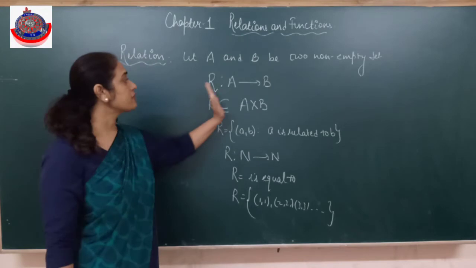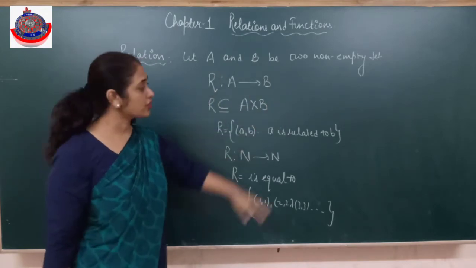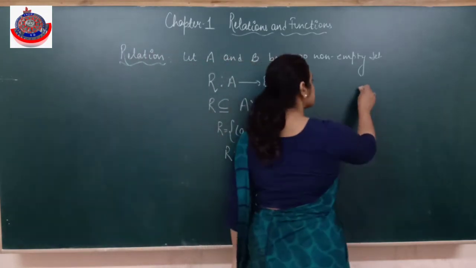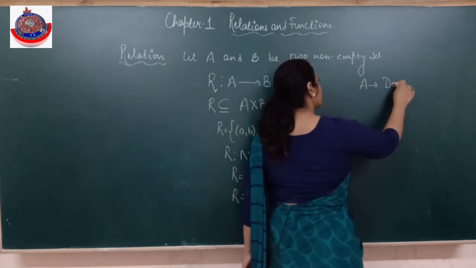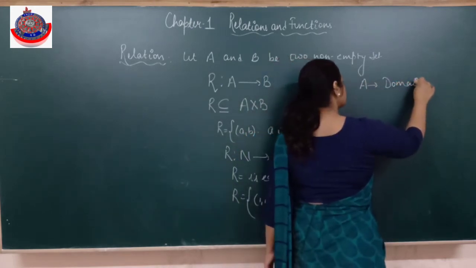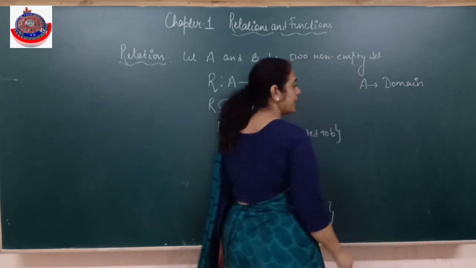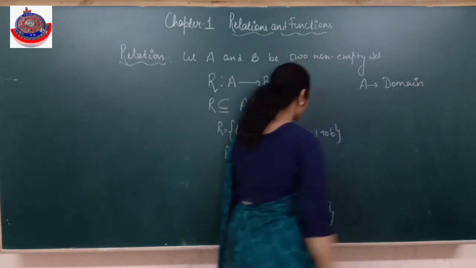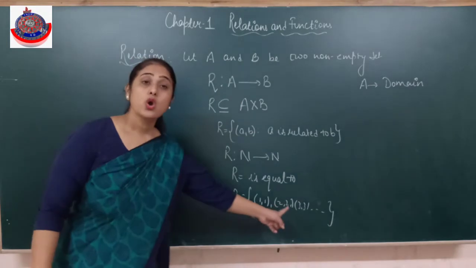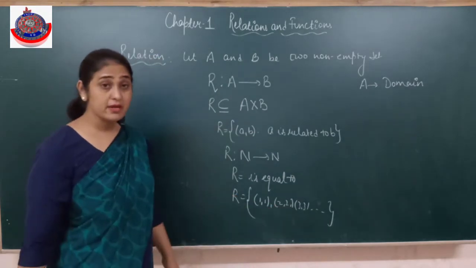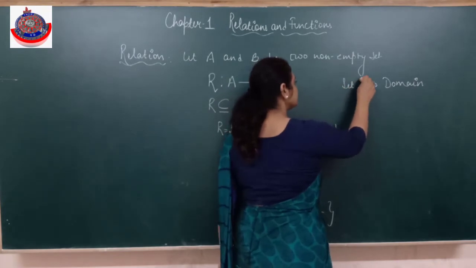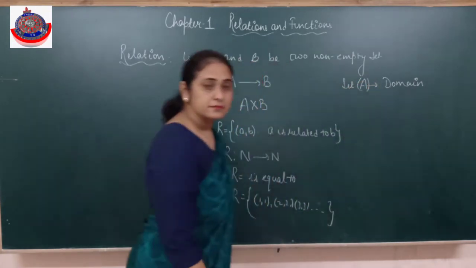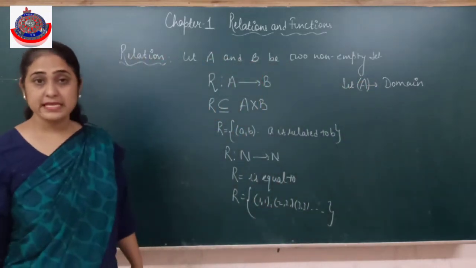So a relation is always from one non-empty set to another non-empty set. The first non-empty set is called the domain. That means what is the domain? If I talk about the ordered pairs, again remember domain and range. Set A is called the domain set. Is it clear?